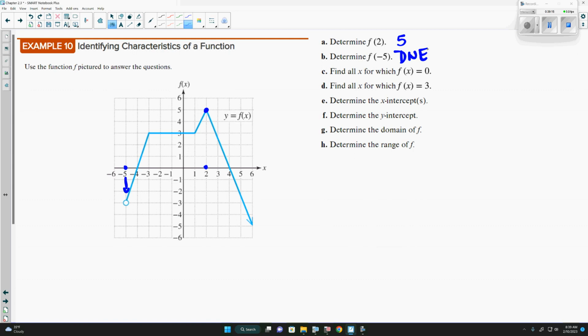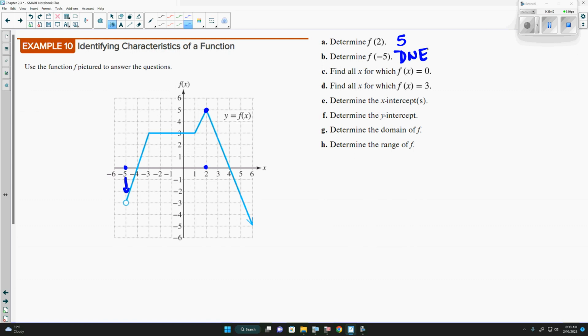Because it is open. There is no point there. It approaches -3, because if we ask for -4.9, we can give an approximate point, but exactly at -5, DNE. We know what DNE stands for? Does not exist. It does not exist, or no solution, no point there. It's open.